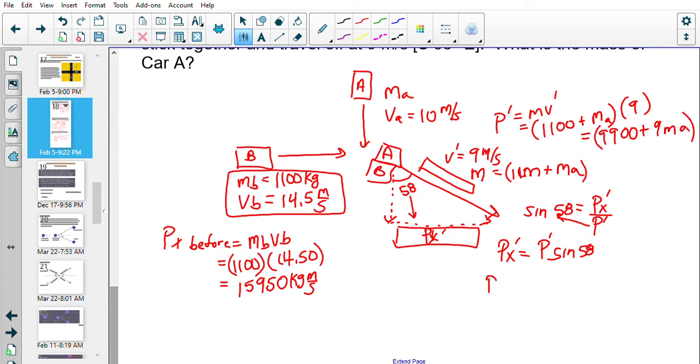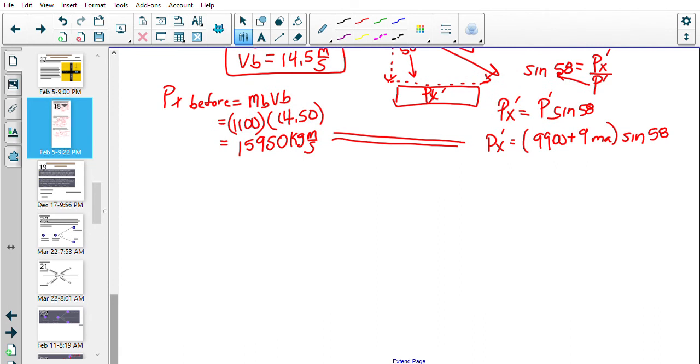So that means my px prime is p prime, which is 9900 plus 9 ma times the sine of 58 degrees. And that has to equal the 15,950. Because the x before has to be equal to the x after.